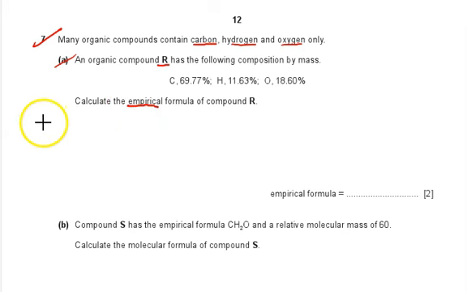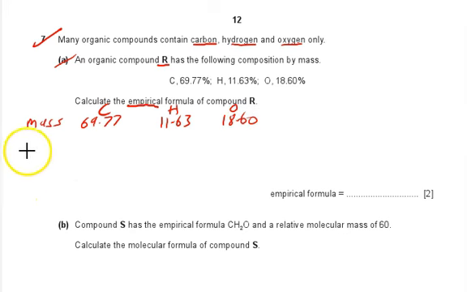So the percentage you can make equal to the mass. Here we have 69.77, this is carbon, and hydrogen we have 11.63, and oxygen we have 18.60.